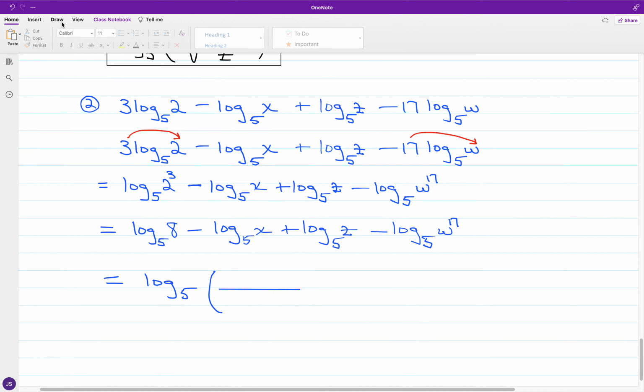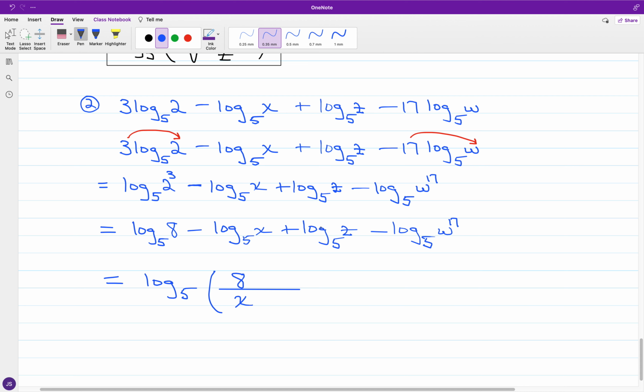Okay, so you have the first term, a positive base 5 logarithm of 8. Since 8 originates from a positive base 5 logarithmic term, 8 will go on the top. Then we have x, which originates from a negative term, so x will go on the bottom. We have z attached to a positive base 5 logarithm, so z goes to the top.